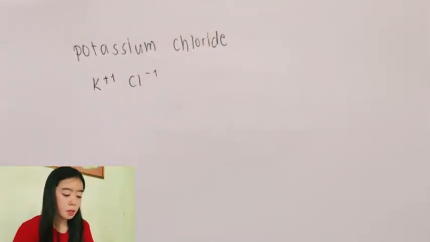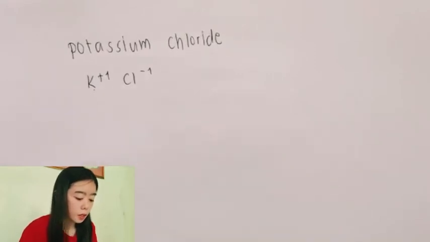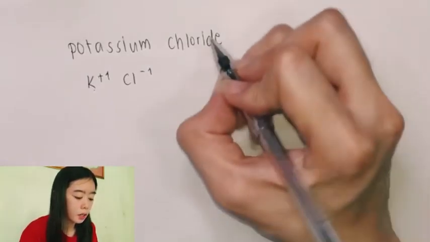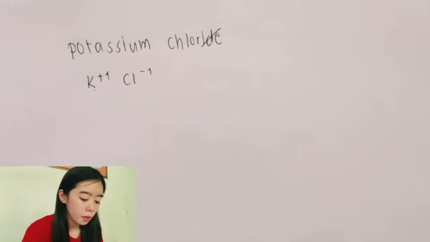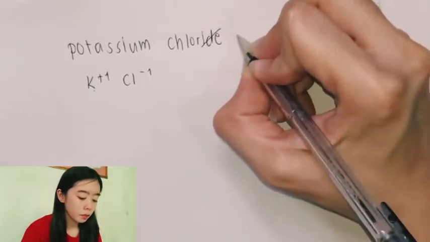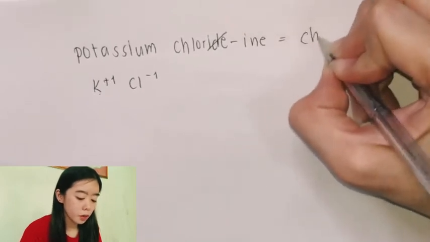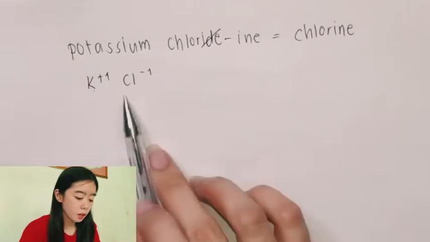Potassium has the only symbol of K. Next, we have chloride. Here, in the periodic table, we cross out IDE and write INE. So we have chlorine. And it is Cl.